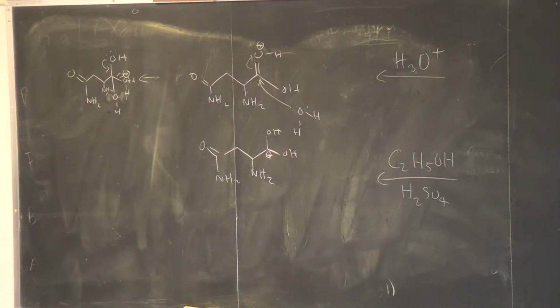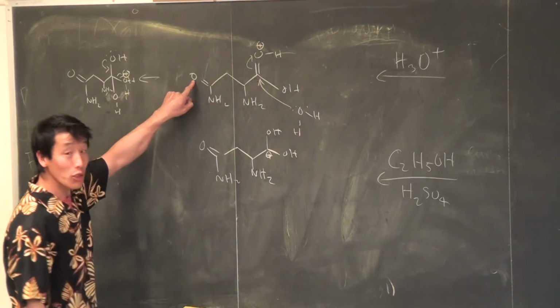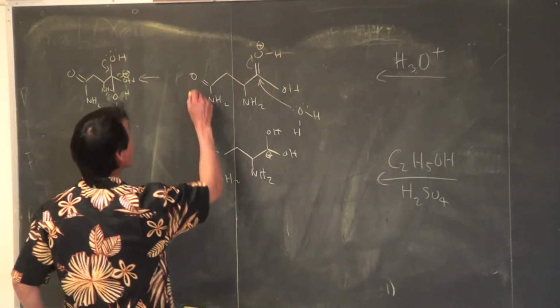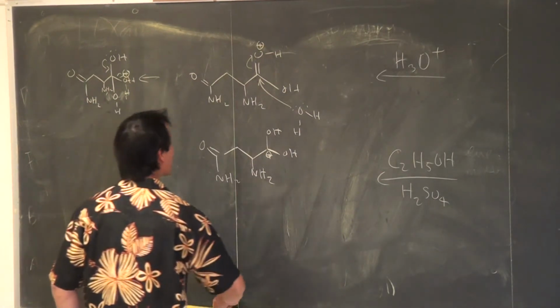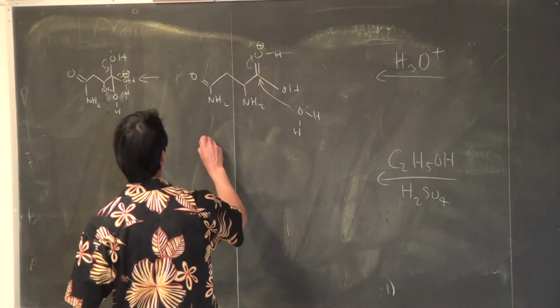So just deprotonate the water. No, so something else happens then. Rather than the H reacting at this oxygen, you can react at that oxygen. Okay, so we react at that oxygen, now we have this one. So now we have this.